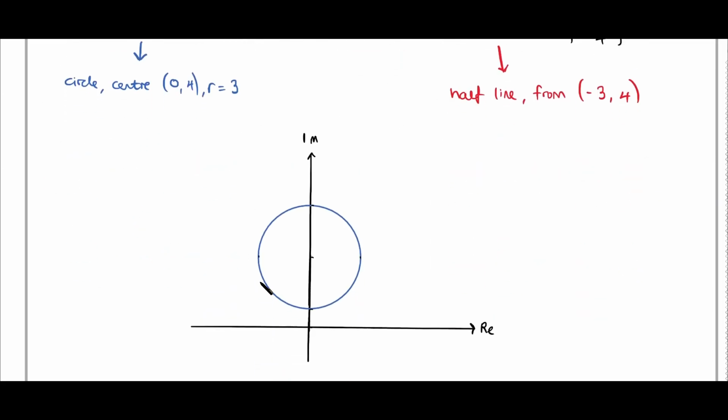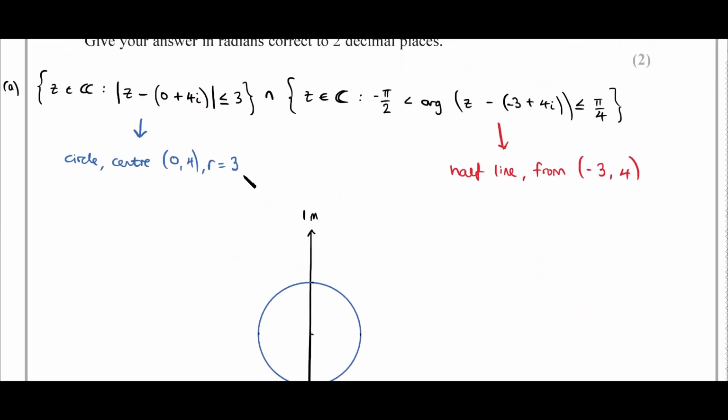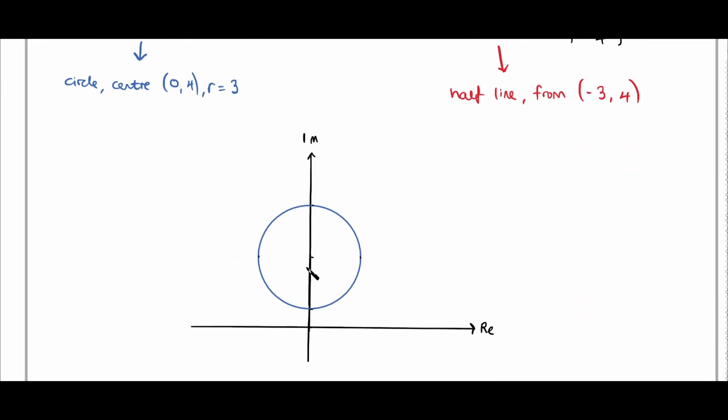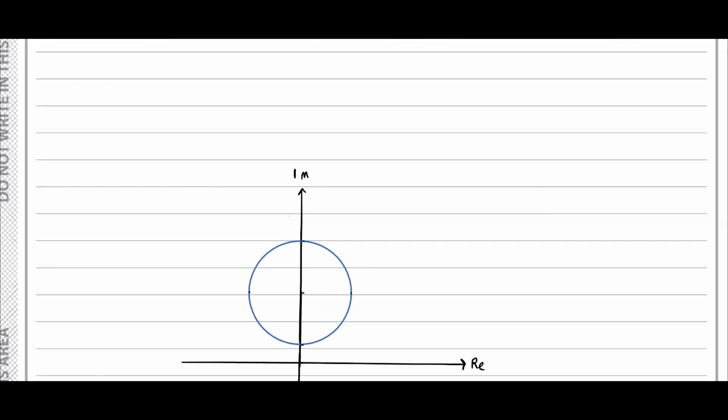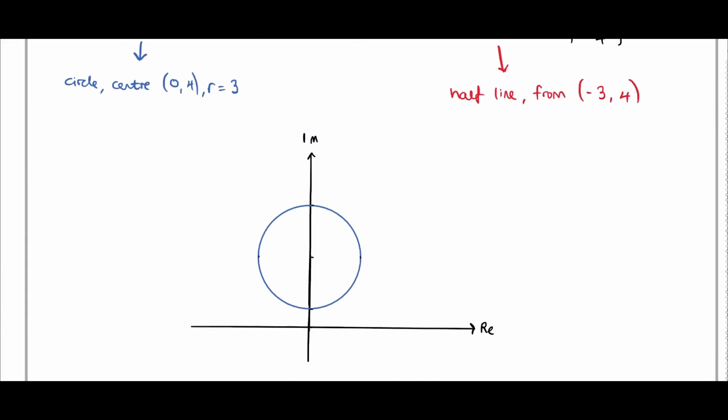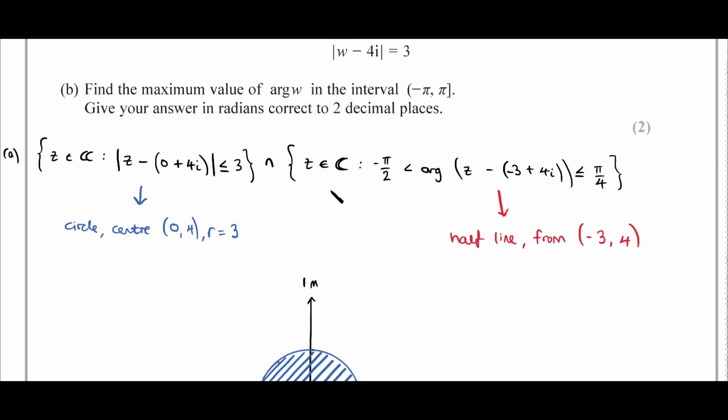Remember, it has a radius of 3, and where it's less than or equal to 3 would be this particular region over here. Let's just shade this in. That satisfies this bit over here.